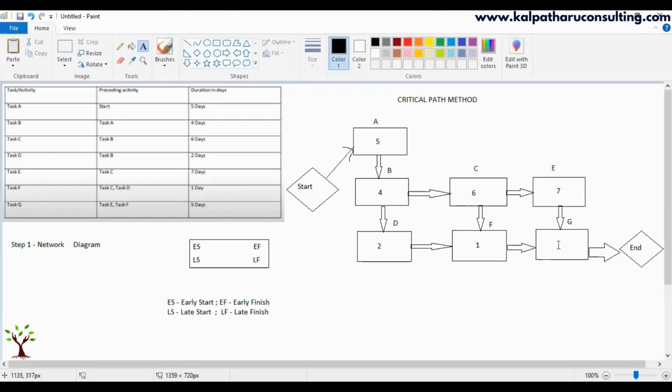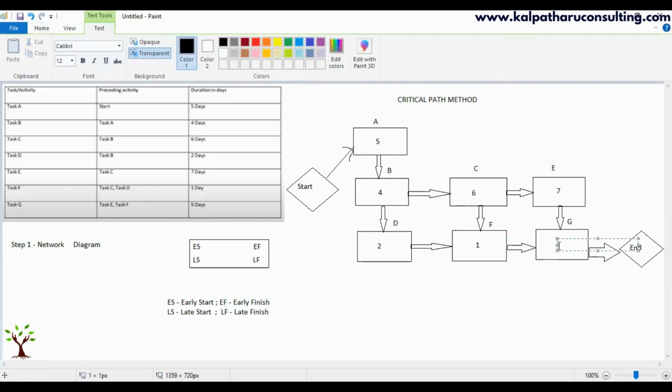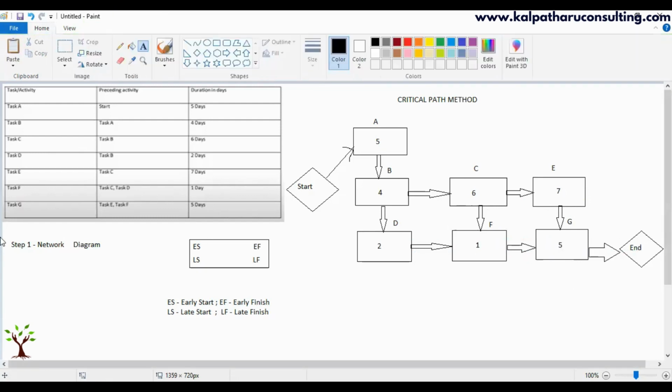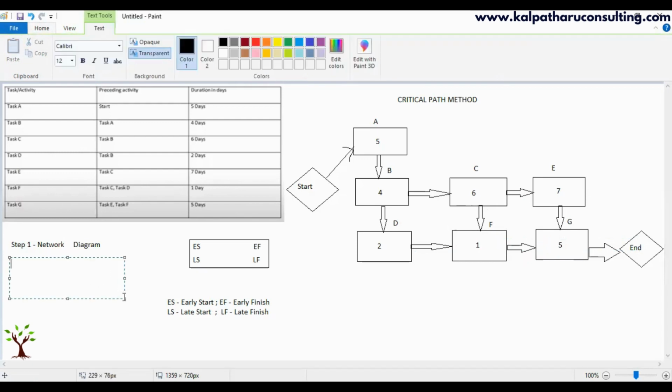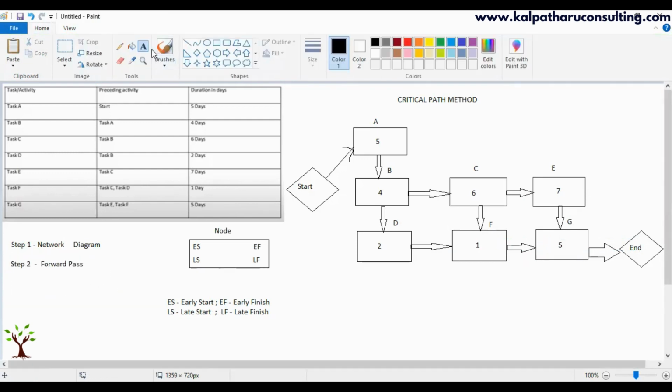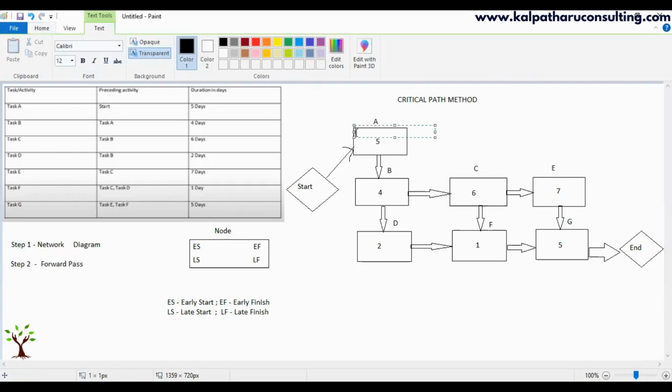Right. Having drawn the network diagram, the next step would be the forward pass. Step 2. We actually have two methods to do the forward pass and the backward pass. I have chosen the one which is easier to do. So let's start. Let's take that the project starts on day 0.